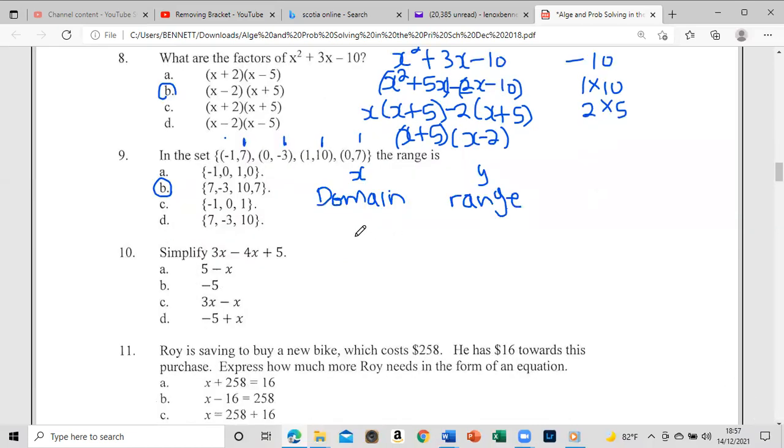What's this? 3x minus 4x plus 5. Don't look at the answer, just work out the question. So about the 3x, they're already like terms. So that would be x.